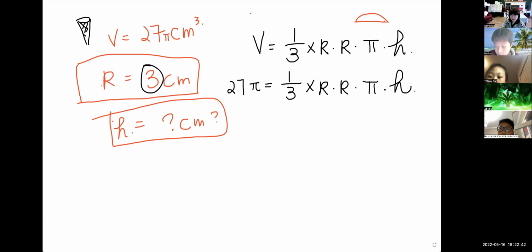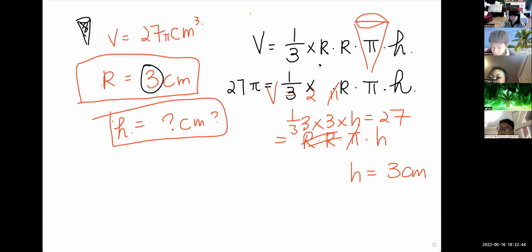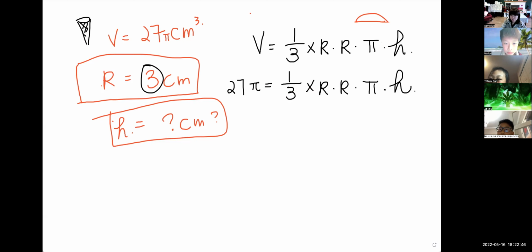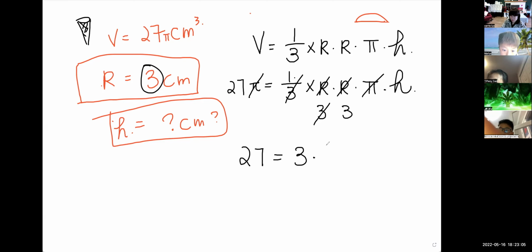And we already know the radius equals 3. So we can change this radius into 3, correct? On the left side and right side, we both have pi, so we can cross out pi. And 1 over 3 times 3 equals 1, so we can cross this. So 27 equals 3 times height. So height equals what? 9.